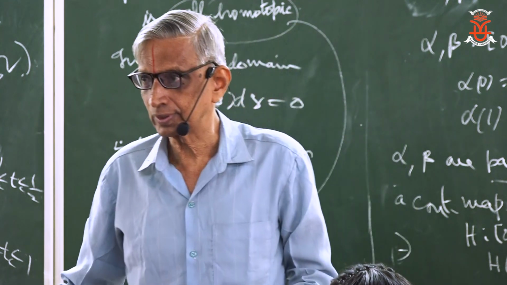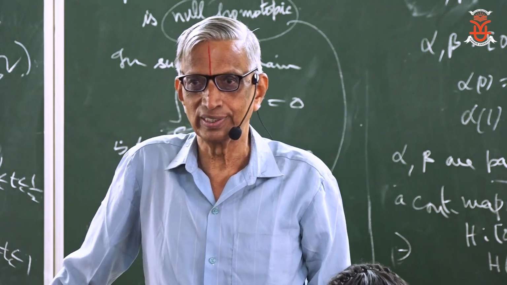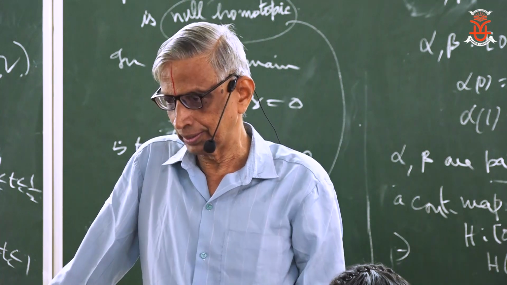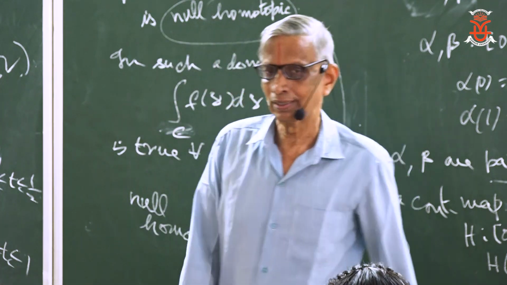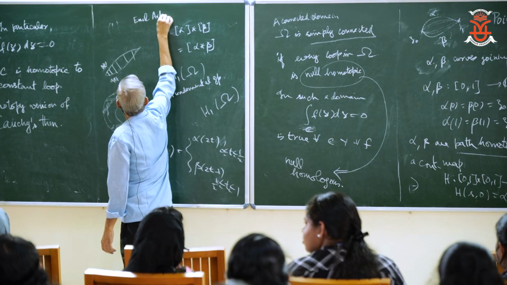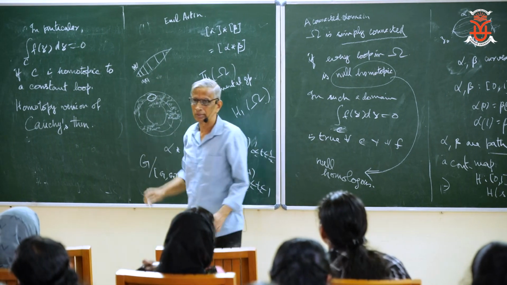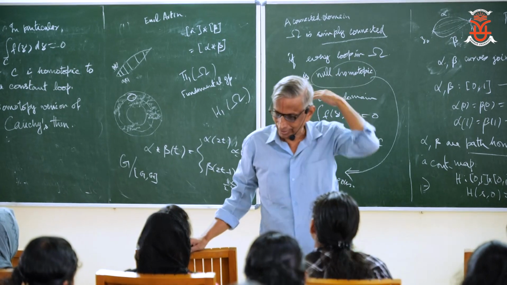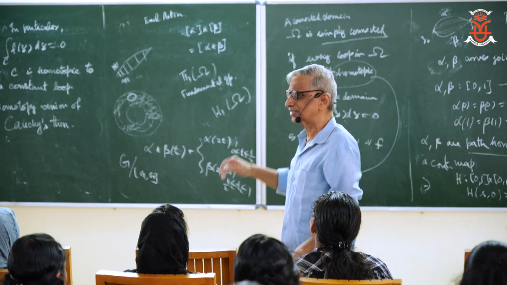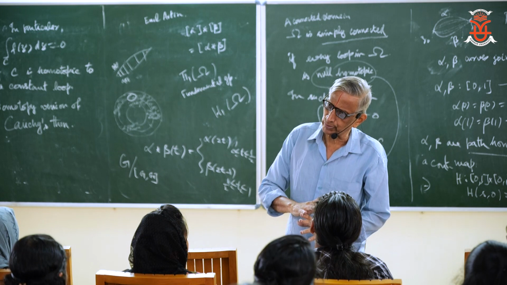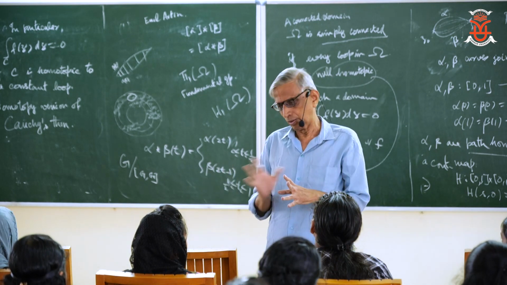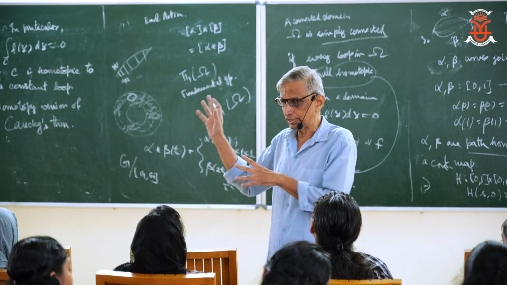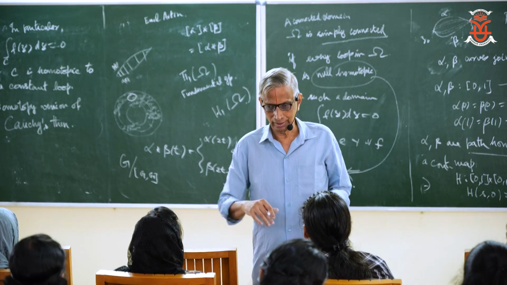All right, so according to Ahlfors, the homology version of Cauchy's theorem is due to Emil Artin, who was a student of Hilbert, basically an algebraist, but he had profound influence on many areas of mathematics in the 20th century.